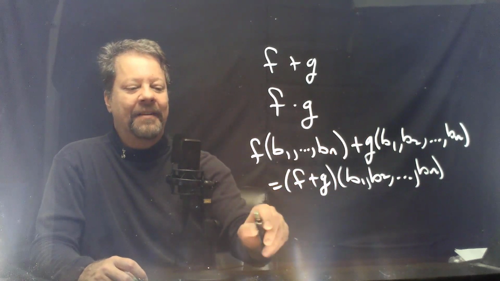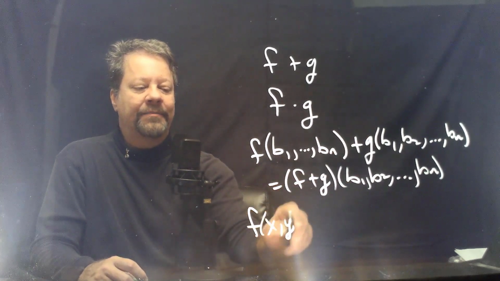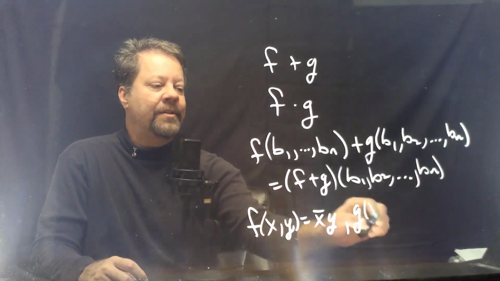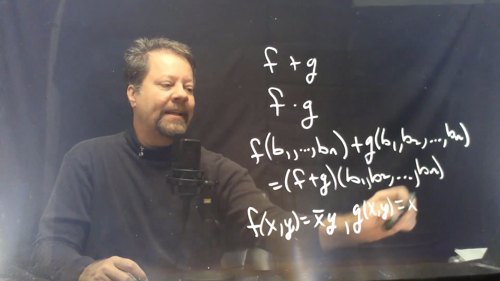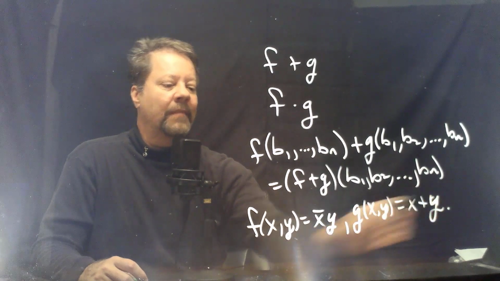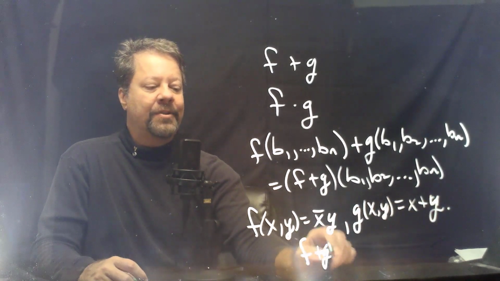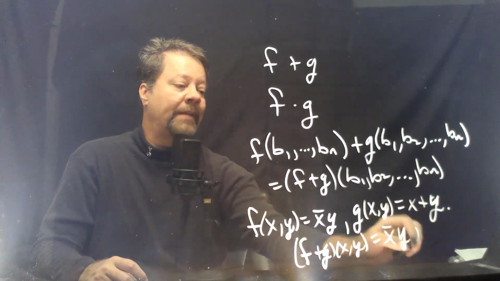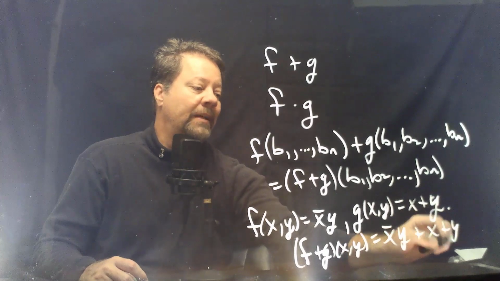So if I have f of xy equals x complement y and g of xy equals x plus y, then f plus g of xy will be x complement y plus x plus y.